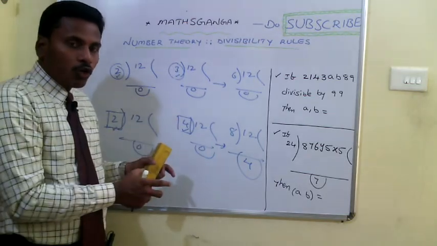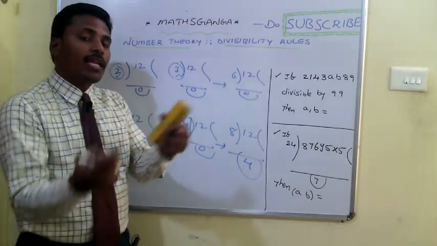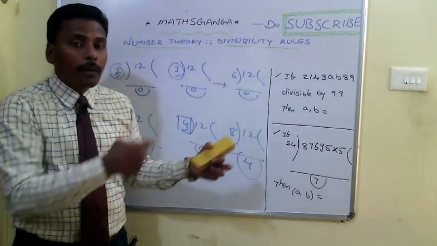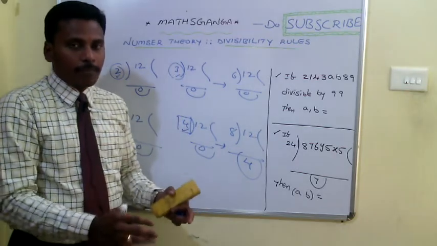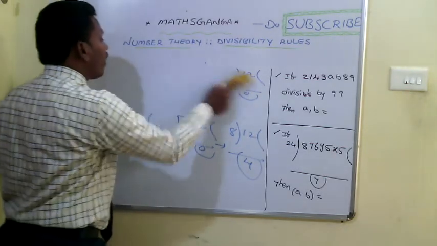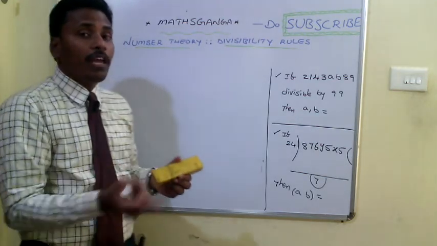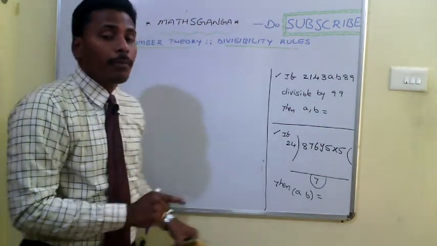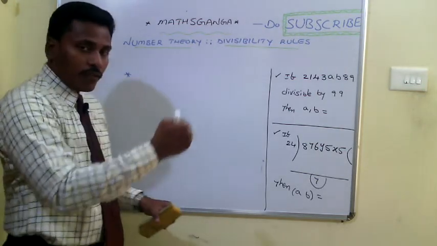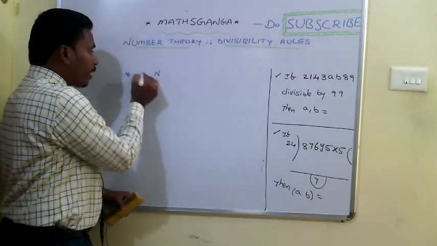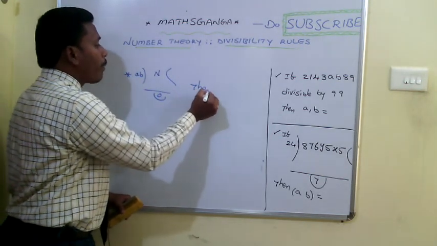So in conclusion, we need to check by taking different examples in place of n as well as a, b, and by observing all those examples we can analyze and conclude that if n is divisible by a and b, then n is divisible by ab also if a, b have no common factors. Finally in this class what we discussed is, if n is divided by ab and leaves remainder 0, then what will happen?